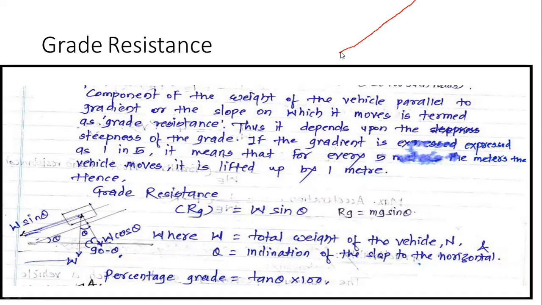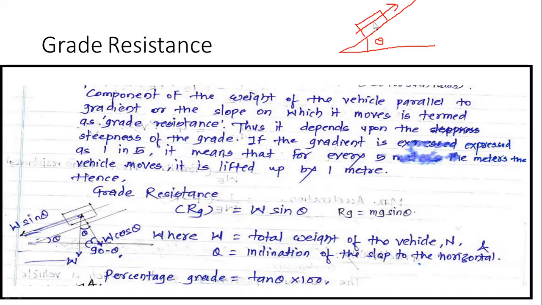This one is the slope. This is theta, and you can consider this is the vehicle, and it is moving in this direction.